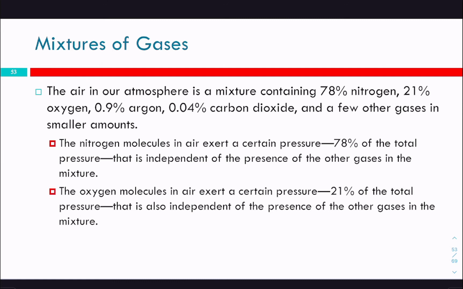So our atmosphere is made up of a mixture of nitrogen, oxygen, argon, carbon dioxide, and then some other ones, like helium. Nitrogen molecules in air exert a certain pressure, and that's 78% of the total pressure. At sea level, let's use 760 torr because it's a little more interesting than 1. The pressure contributed by nitrogen, we'll take 760 times 0.78, its fractional composition for N2.